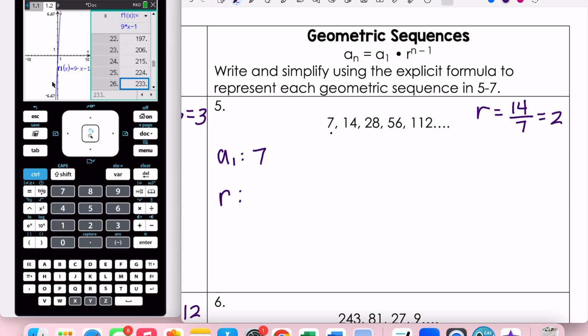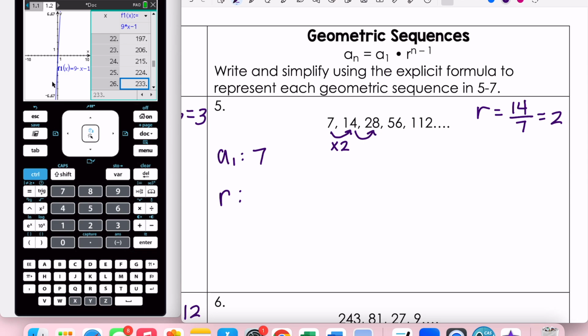Also think about it in this way. To get from 7 to 14, I would add 7. Well, to get from 14 to 28, I add 14. So this already tells me that this is not an arithmetic sequence. This is what's going to make it a geometric sequence. I want you to think about this in terms of multiplication. To get from 7 to 14, I multiplied by 2.